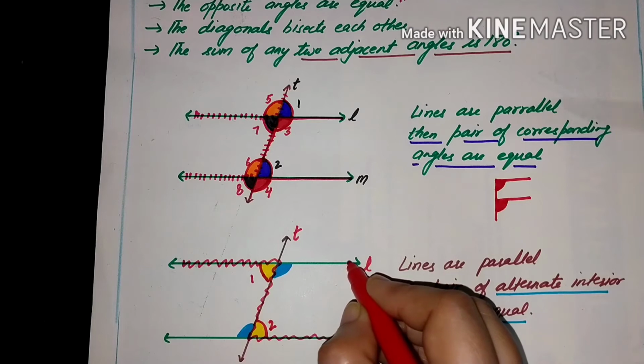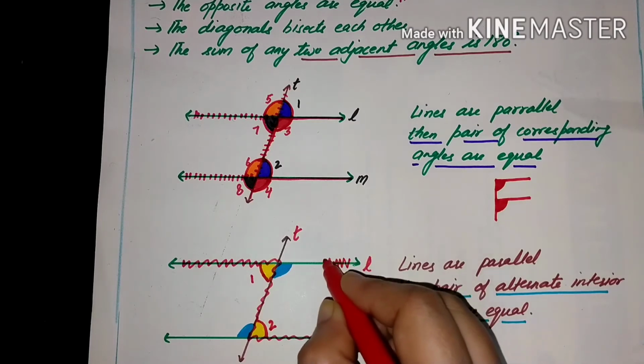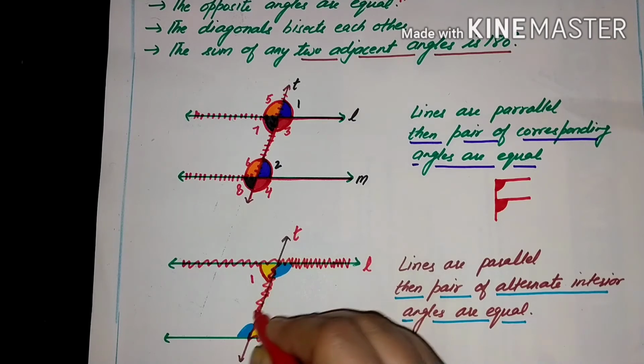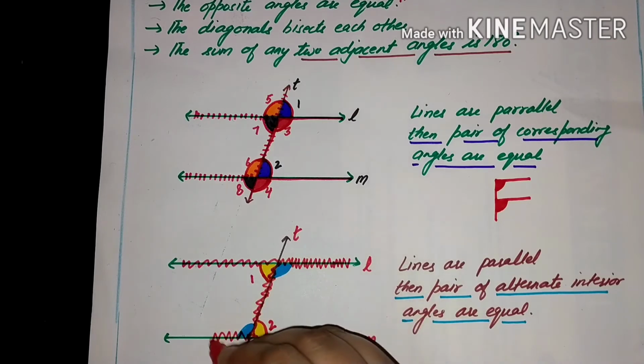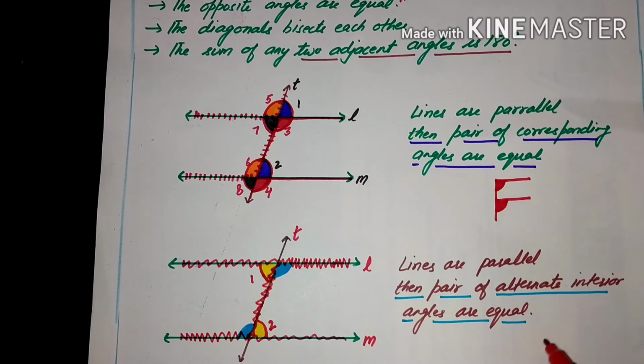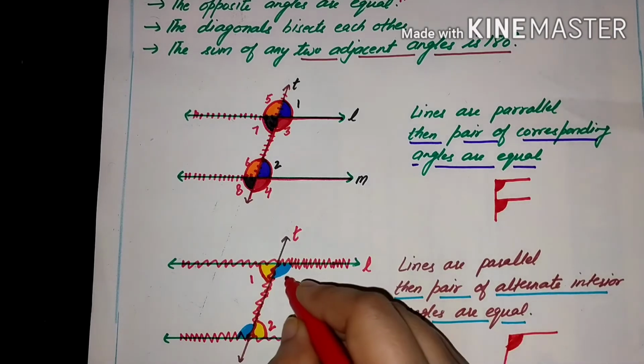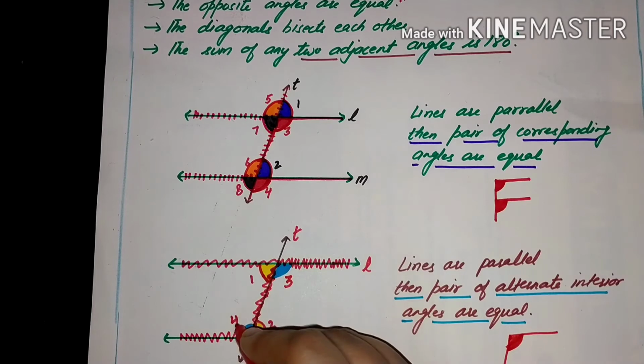And similarly, you can see here also, it is also forming Z like that, and the angles are in alternate directions. So these two angles will be equal and they are alternate interior angles.